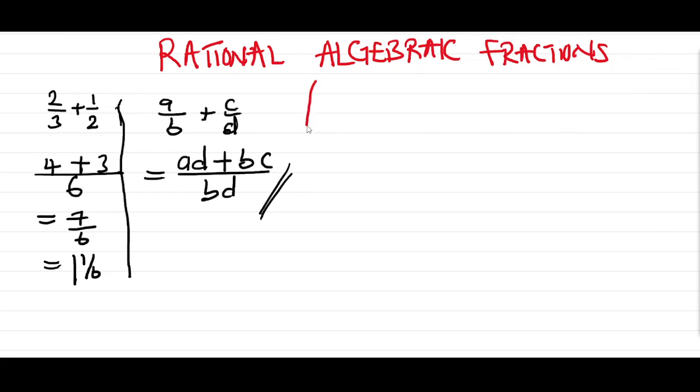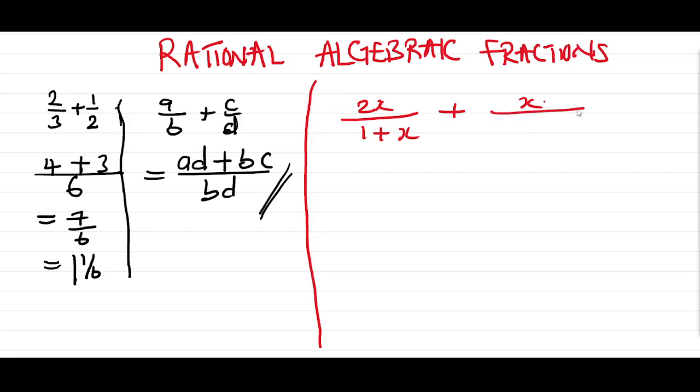Let's say, for example, we are asked to simplify this expression: 2x over 1 plus x, then plus x, all divided by 1 minus x. Here, the LCM is you have to multiply these two together.